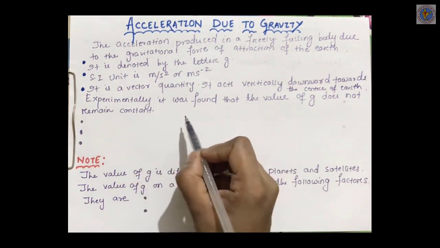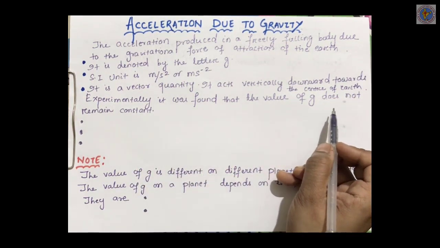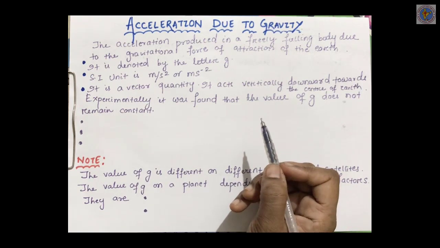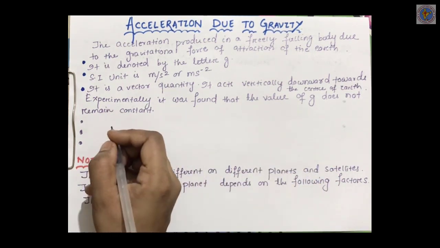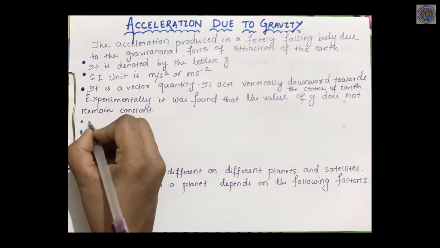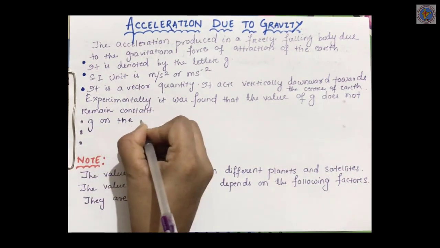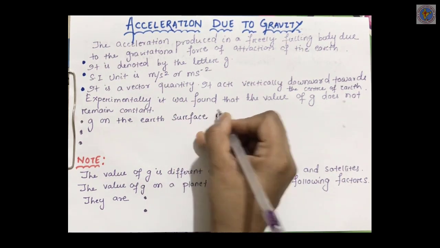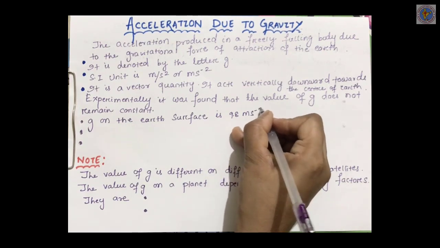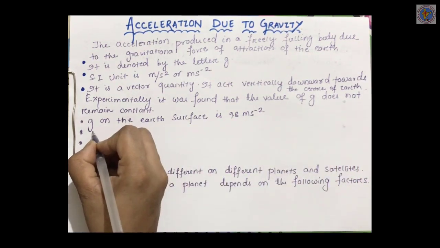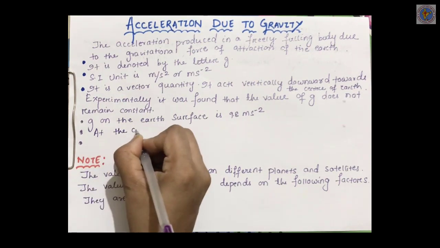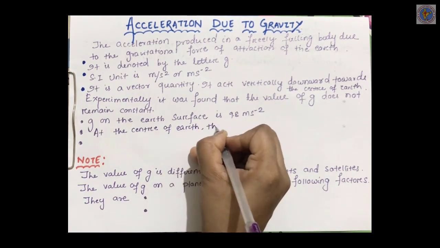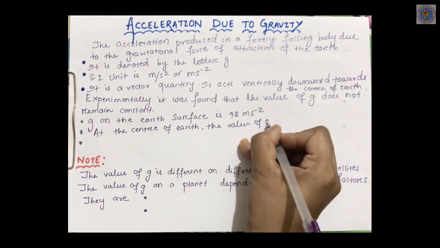Now, experimentally it was found that the value of g does not remain constant. What do you mean by that? That means on the earth's surface the value of g varies from place to place. The value of g on the earth's surface is 9.8 meter per second square, and at the center of earth the value of g is, what is that, children?